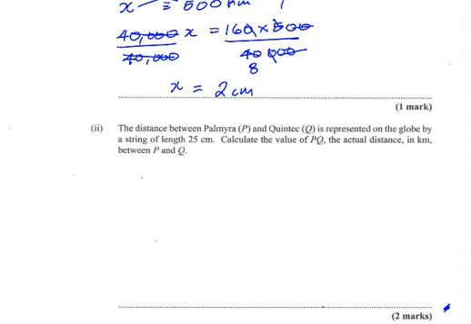Calculate the value of PQ, the actual distance in kilometers between P and Q. So go back to the initial information, which is 160 centimeters is representing 40,000 kilometers. Now this is 25 centimeters on the globe, so we put the 25 centimeters over here. I don't know the actual kilometer distance, so I'm going to call it x. Then I'm going to cross multiply.